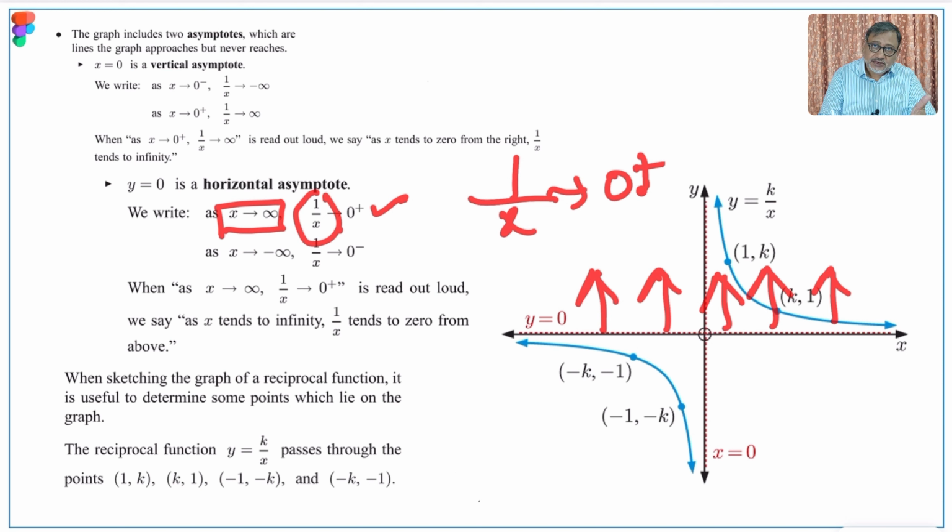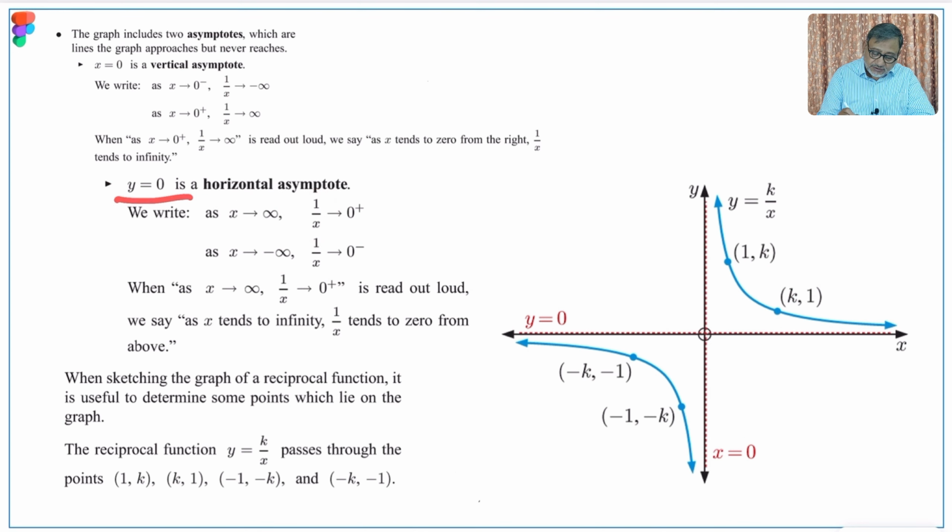The positive side of y is equal to 0 is above the x axis, the negative side will be below the x axis. So when x tends to negative infinity, 1 upon x will tend to 0 minus, meaning it will be towards the negative side of y is 0, below the x axis. Therefore this decides your horizontal asymptote, y is equal to 0.